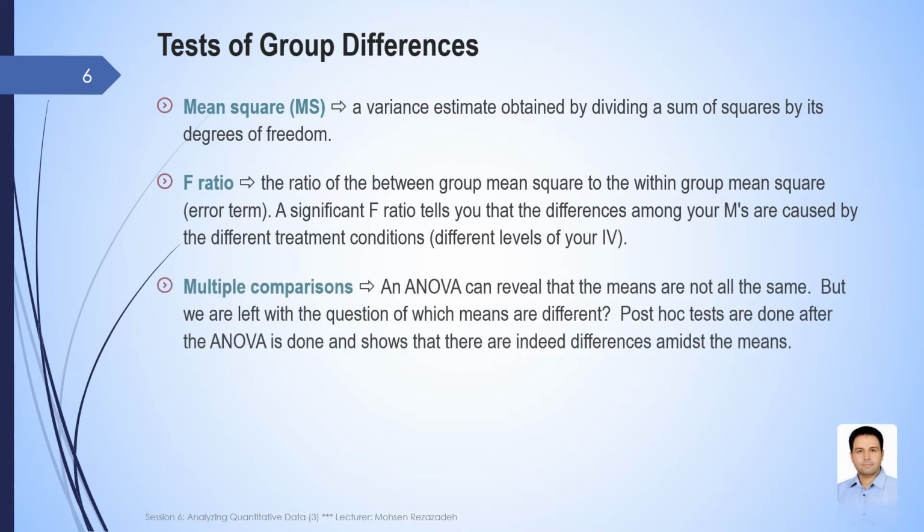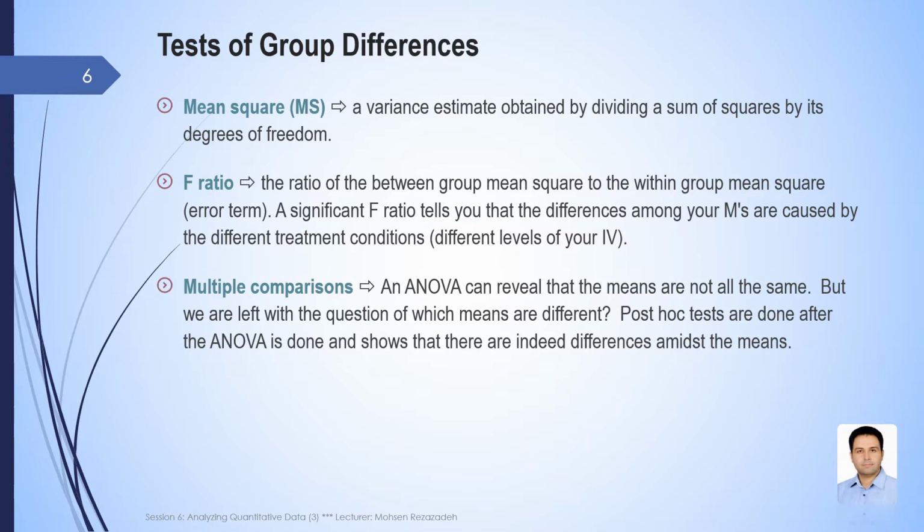Multiple comparisons. An ANOVA can reveal that the means are not all the same. But we are left with the question of which means are different.